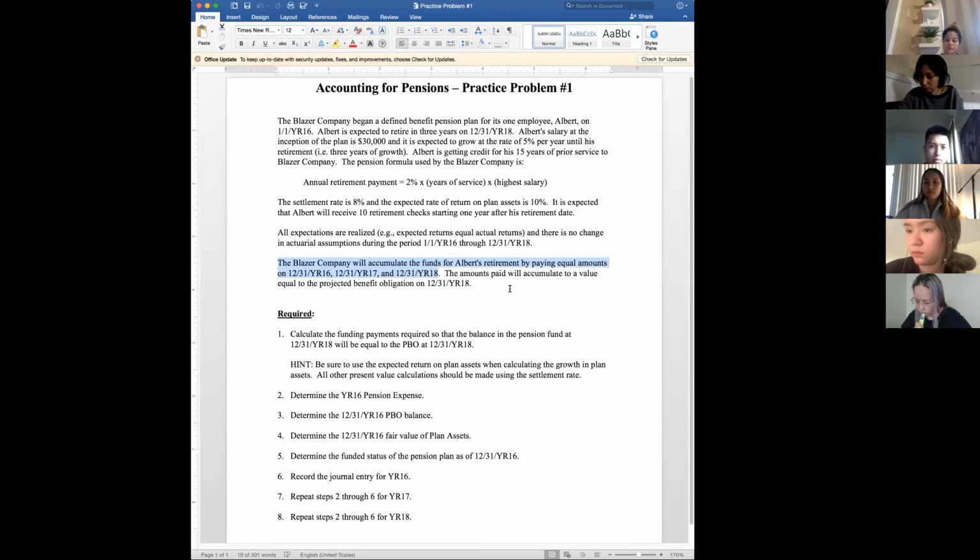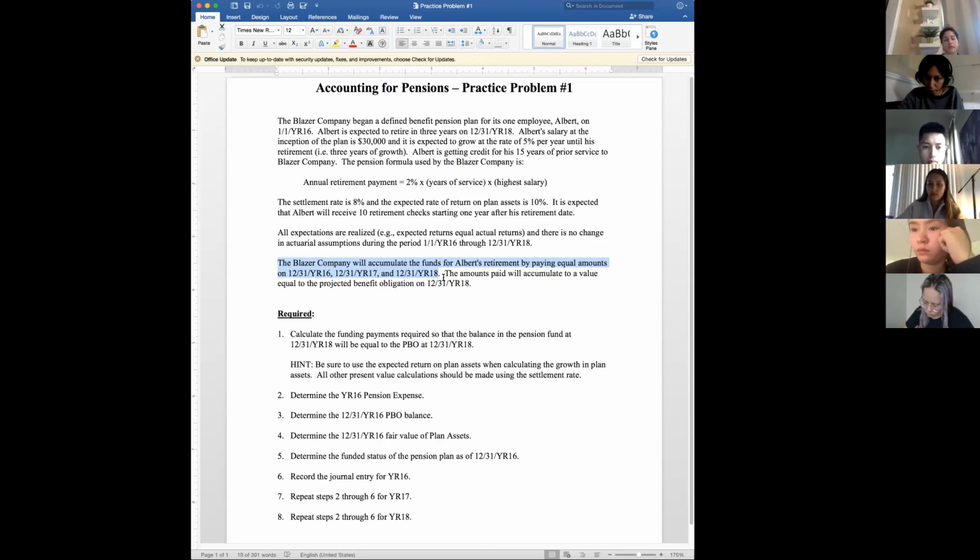So since they are adopting this defined benefit plan, they haven't saved any money so far. Therefore, they are making equal payments toward the plan asset these 3 times. And then hopefully they will have saved enough for Albert's retirement by December 31/18.